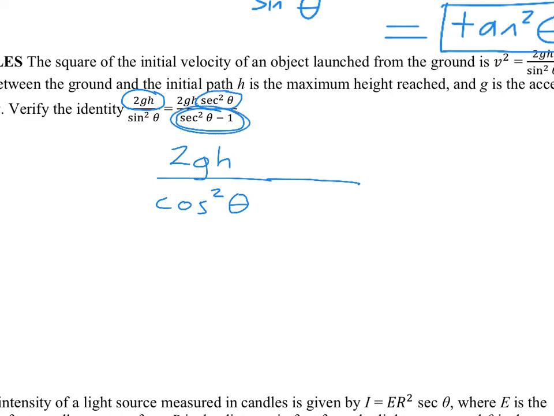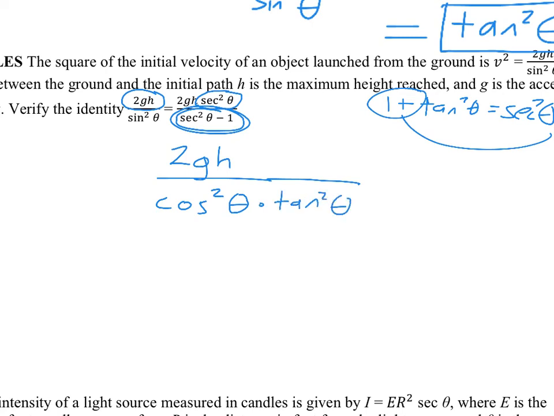Okay, now I still need to account for the denominator. So that's the Pythagorean identity with the 1 subtracted to the other side. So that's going to equal tangent squared theta.